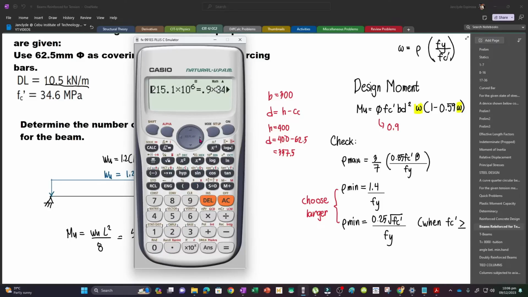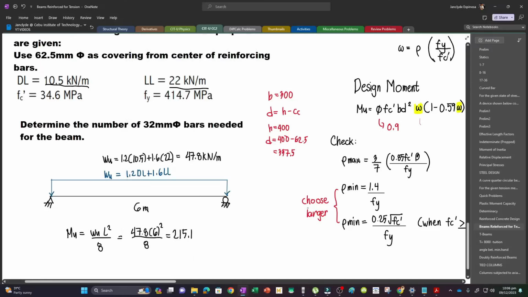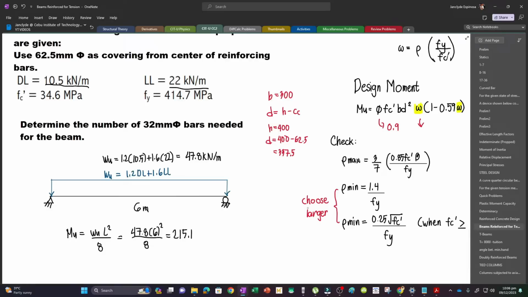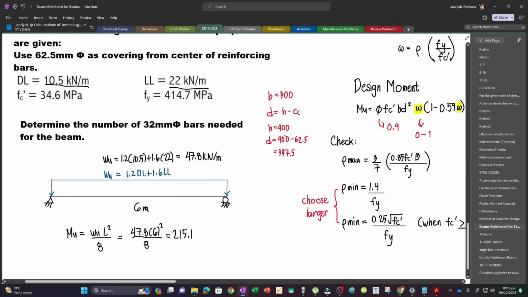So press shift solve. Now ang kani nga tension reinforcement index, dapat ang iyang value should be between 0 to 1.